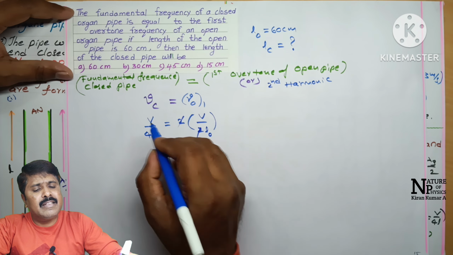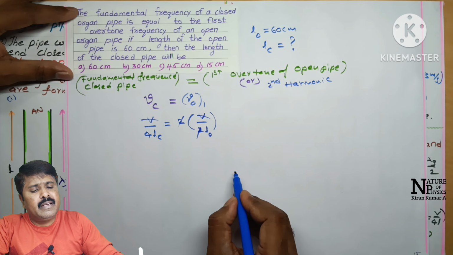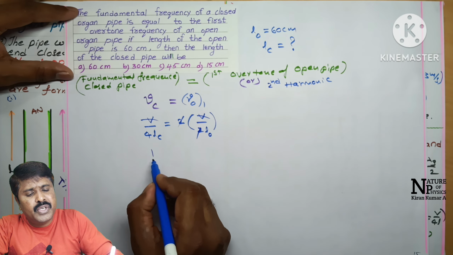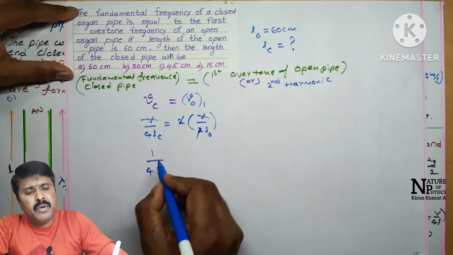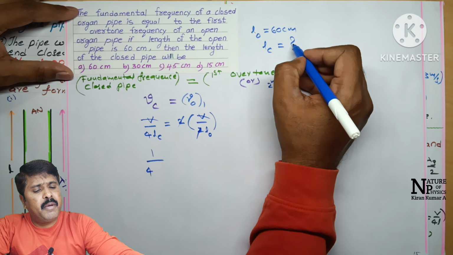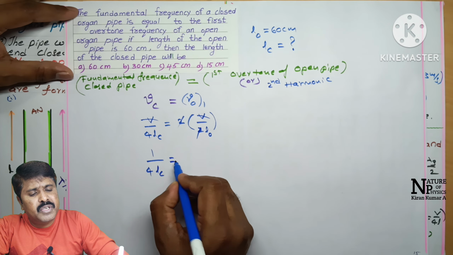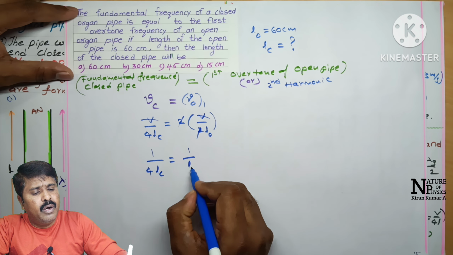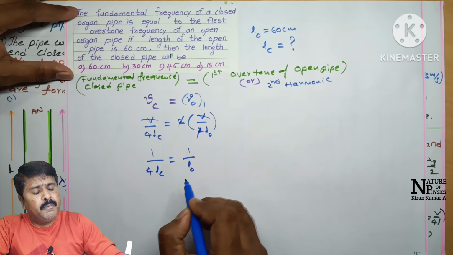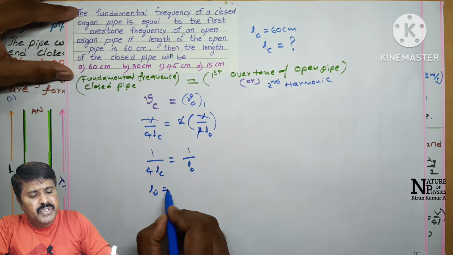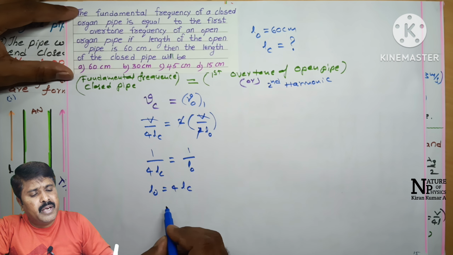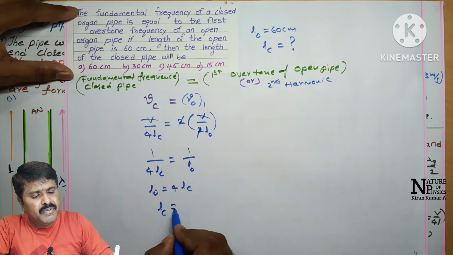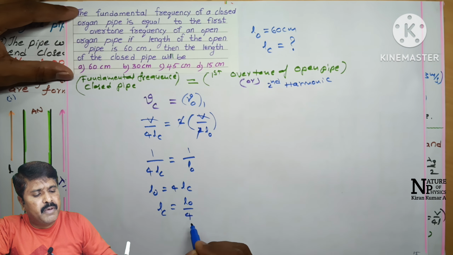2 gets cancelled, V also gets cancelled, and continuing, 1 divided by 4 into the length of the closed pipe. We have to find LC, which is equal to 1 divided by the length of the open pipe. Rewriting, L0 is equal to 4LC. So LC is equal to L0 divided by 4.